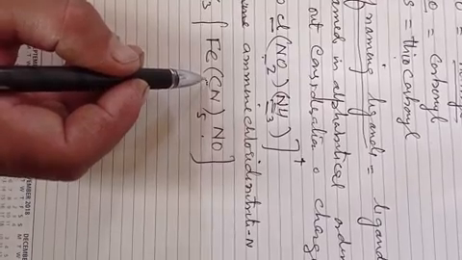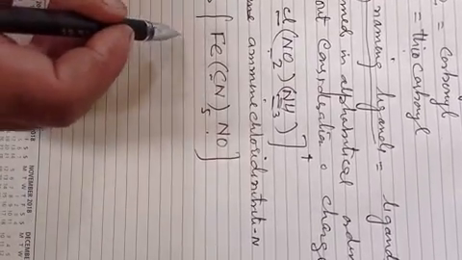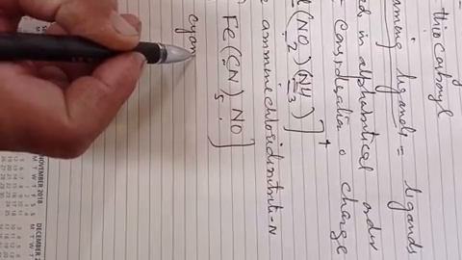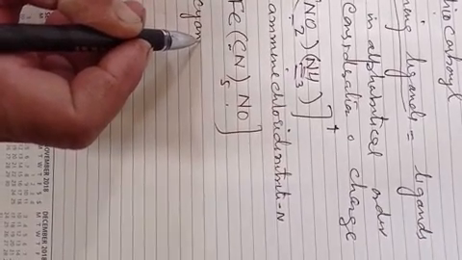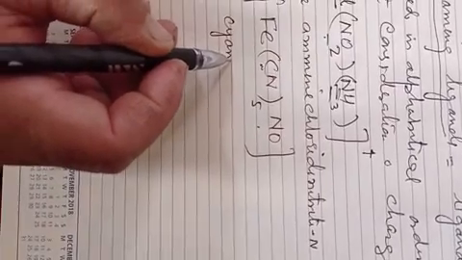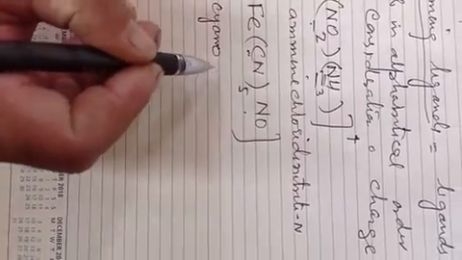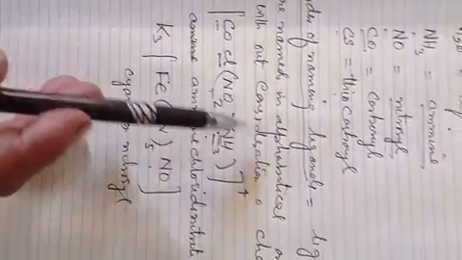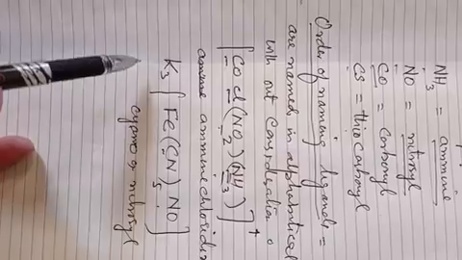This ligand starts with C, so it is cyanido, and after that you will write nitrosyl. First cyanido, then nitrosyl will come. So for the order of naming, ligands are named in alphabetical order, without consideration of any charge.